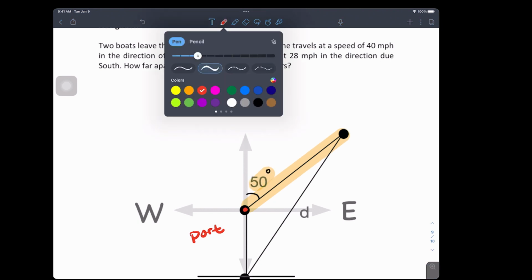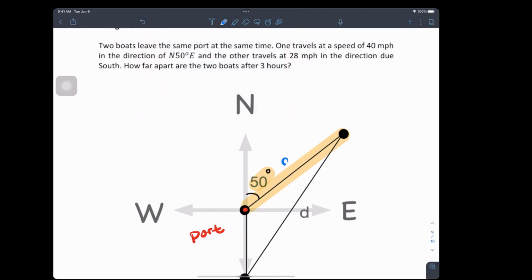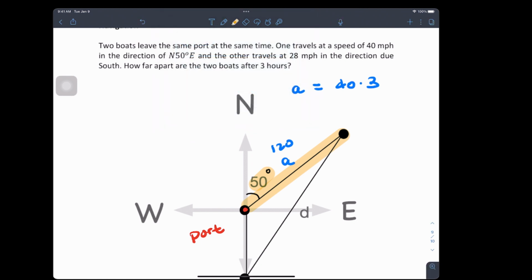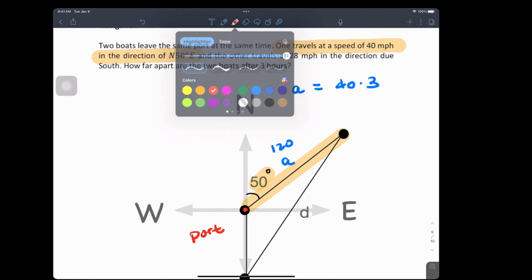We'll call that boat A again. So A will be 40, and notice it's going to be the same thing. That's 120, and it's in miles. When I did this, I pretty much kept that one the same, and the one I changed was some of the new language.